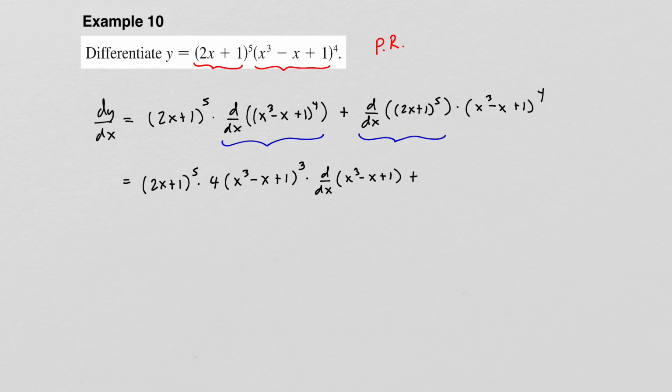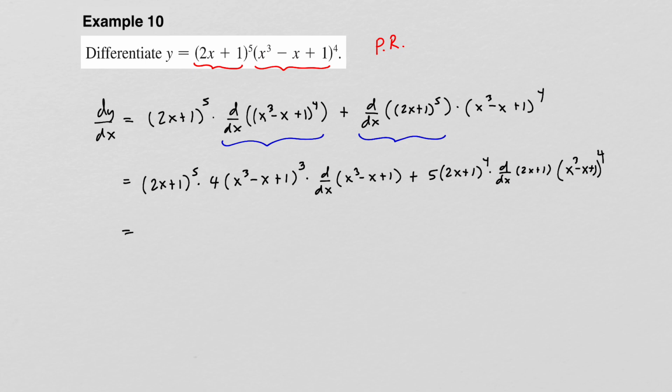Plus, here when I take the derivative, again I'm going to use the power rule. So we get 5 times 2x plus 1 to the 4th, and then we have to multiply by the derivative of 2x plus 1. And then don't forget we still have this as well.